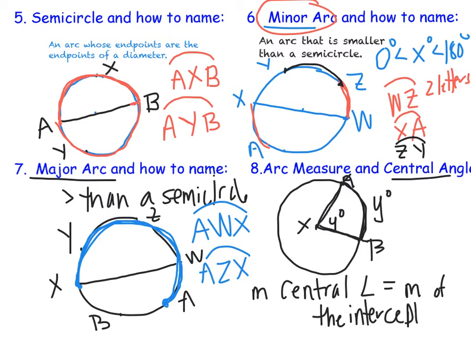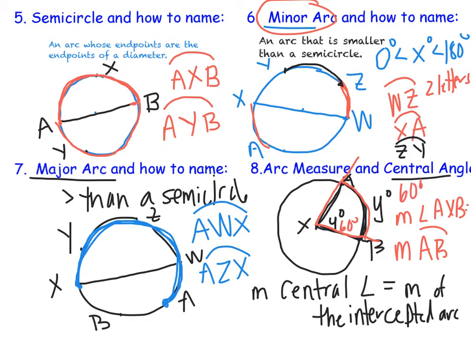All that means is when you have an intercepted arc, it's what is cut off by the sides of that angle. So here we would say the measure of angle AXB is equal to the measure of arc AB. For example, if this is 60 degrees, then this arc over here would also be 60 degrees.